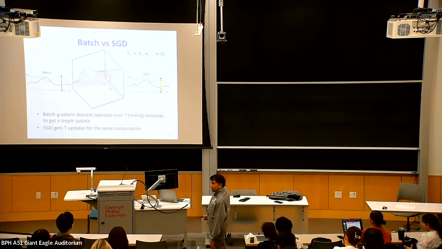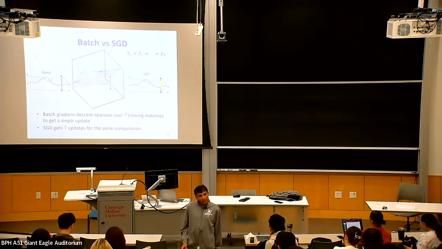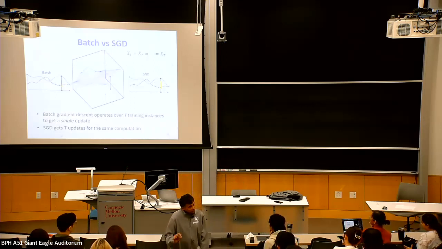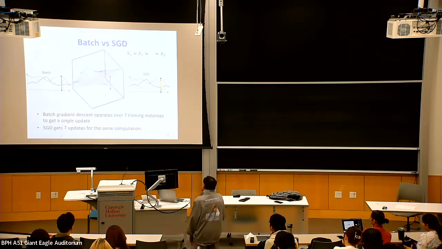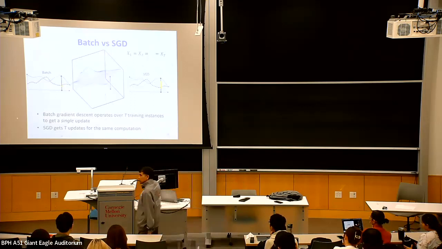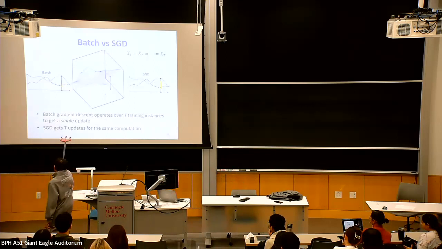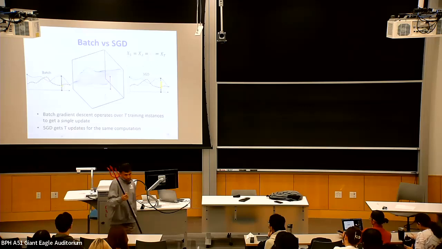Whereas if you made an update after every single training instance, even if the step size, the learning rate, is much smaller, eventually you're going to get a much larger number of updates, and so the net correction is going to get much larger. So stochastic gradient descent over here is going to get t updates of the parameters, whereas batch descent is going to get just one update, right?